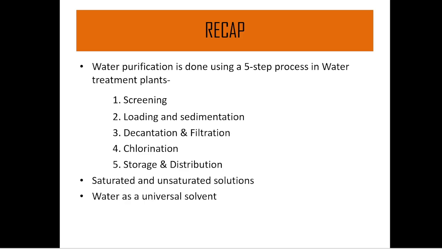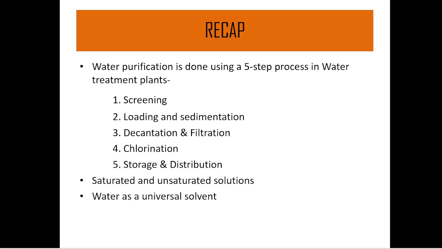Now let's recap what we have learned in this video. In this video so far we have learned about the water purification process, which is a 5-step process. The first step is the screening process. The second is the loading and the sedimentation process, followed by the decantation and filtration process. And then we have the chlorination process to kill any harmful microorganisms, followed by storage and distribution.